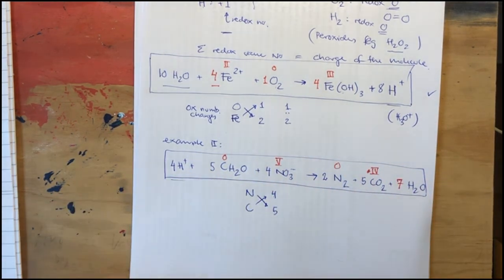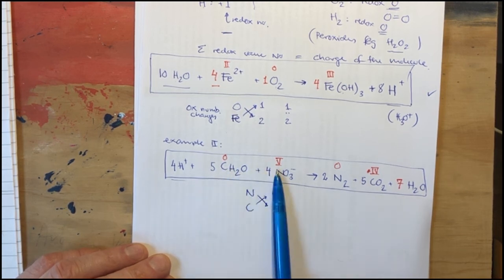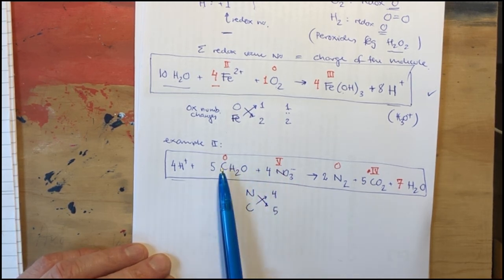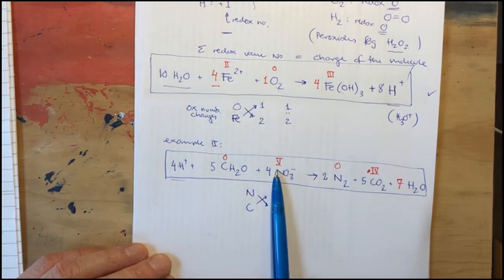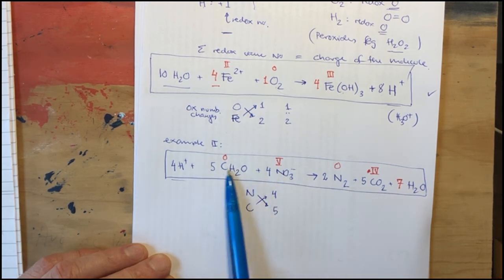This is a simple redox equation, and this change of electrons now matches because I have a transfer of electrons between nitrate and carbon. So it's really not the oxygen here that oxidizes the carbon.